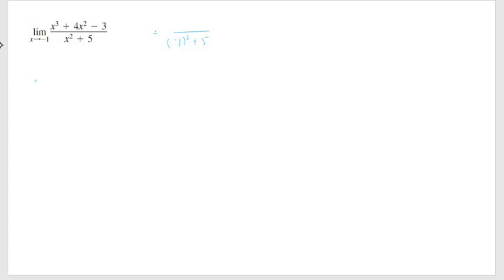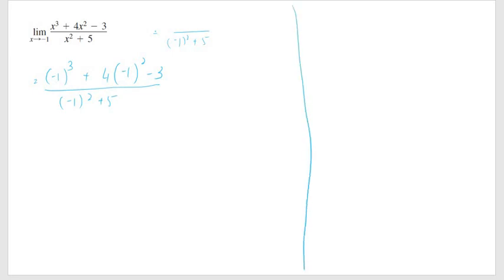So we get minus 1 cubed plus 4 times minus 1 squared minus 3, over minus 1 squared plus 5. Now I'll have a small note here. We have to remember that minus 1 to the power 3 is equal to minus 1 times minus 1 times minus 1, which is minus 1.